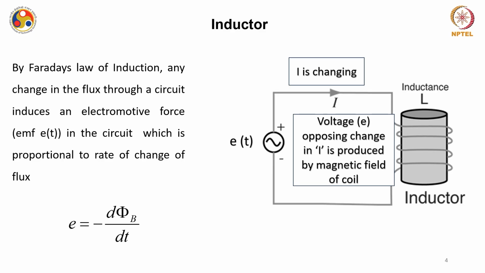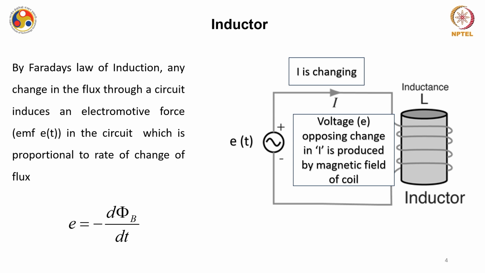By Faraday law of induction, any change in the flux through a circuit induces an electromotive force or EMF in the circuit, which is proportional to the rate of change of the flux, or in simple terms I can write E is equal to minus d phi by dt.